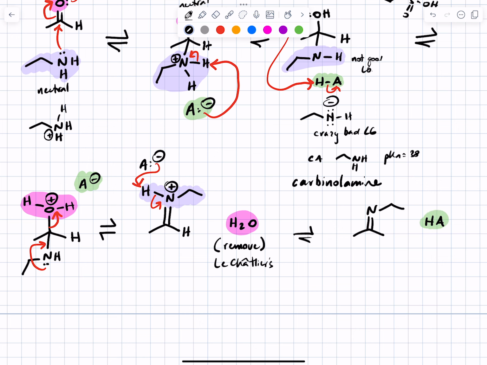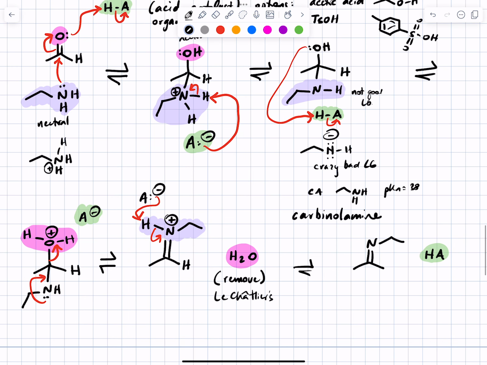This product looks like a carbonyl, only the carbonyl oxygen is a nitrogen, and the nitrogen is attached to something else. That functional group is called an imine, and it is sometimes called a Schiff base. We hear both of those terms and should be prepared for either of them interchangeably.